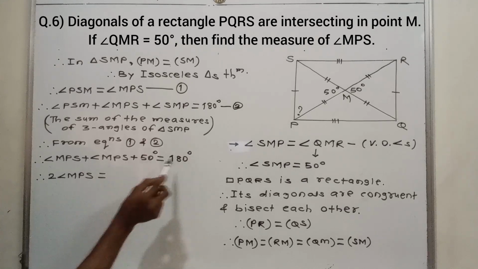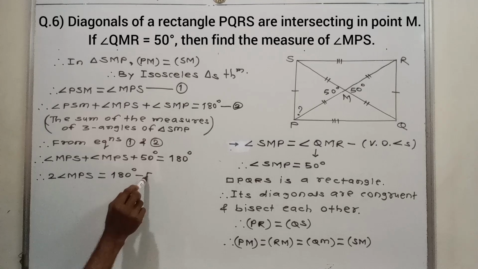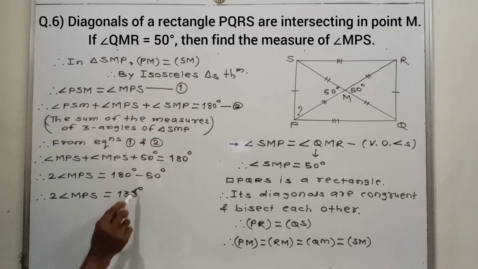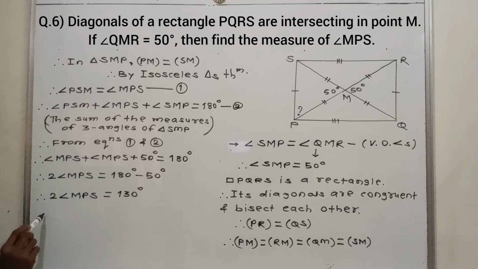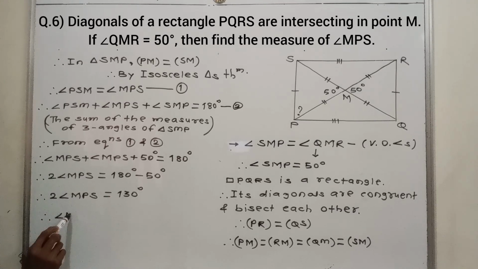And we take this 50 degree to the right side. Plus becomes minus. Therefore, 2 angle MPS, we want to find it, is equal to 130 degree. 180 minus 50. Now 2 we take to the right side.